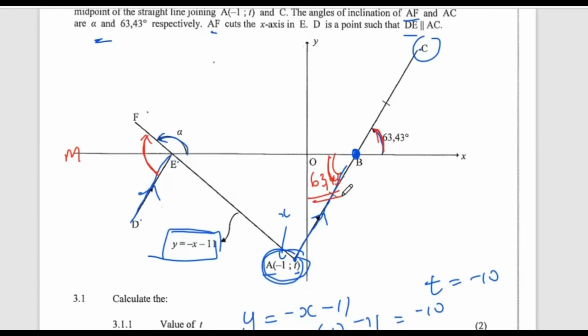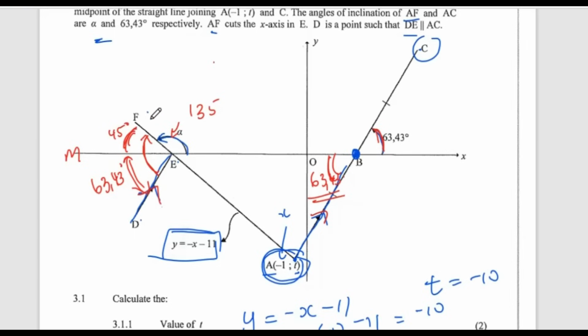Which makes this angle at the bottom also 63.43, because they are corresponding angles. Remember, these lines are parallel, so those angles will be corresponding. And since our alpha was 135, this remaining patch is going to be 45 degrees.